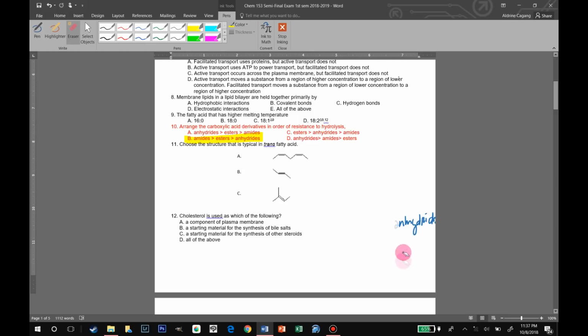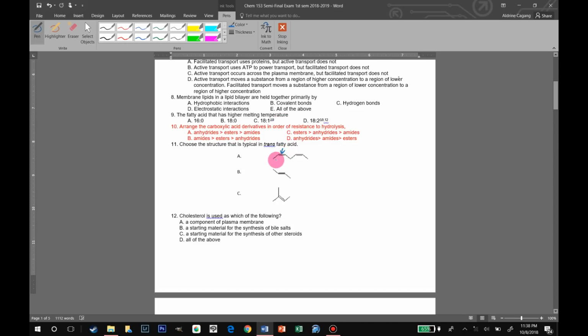Okay, number 11. Choose the structure that is typical in trans fatty acid. So trans fatty acid is going to be characterized with a double bond wherein the carbons to the left and to the right are on opposite sides. We can take a look at all the three structures. Letter A, this is the double bond here.